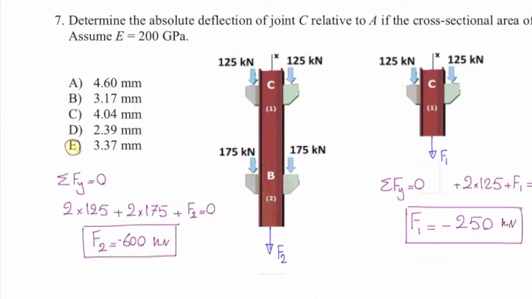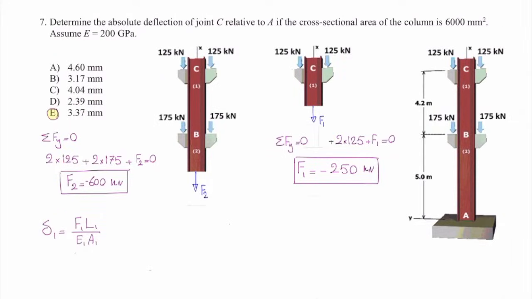Now let's calculate deformation in each rod. Delta 1 is FL over EA. I'm going to plug in the values. So F1 is negative 250,000 newton. Don't forget to convert that into newton. Length is 4.2 meter, and I need to convert that into millimeter. So multiply that by 1,000.